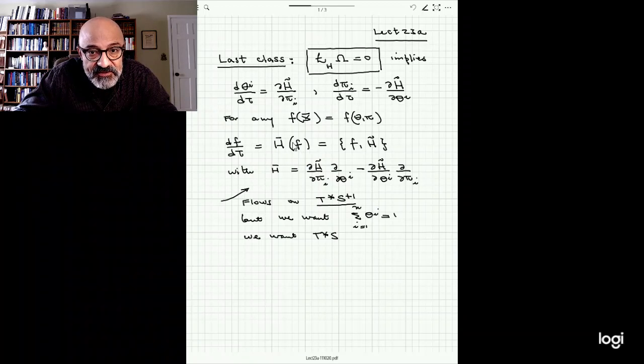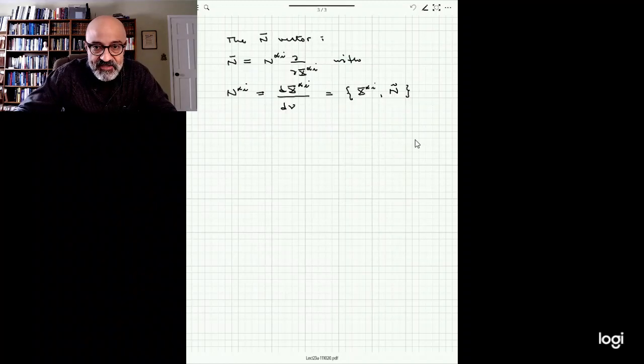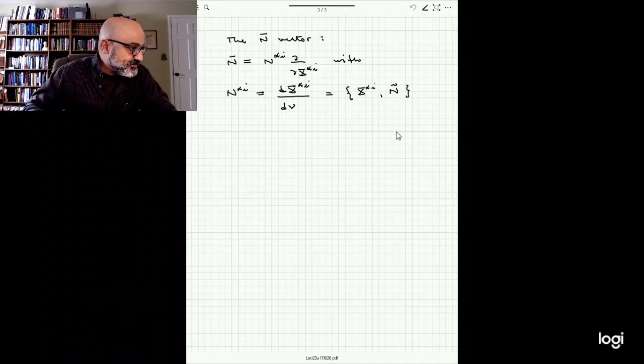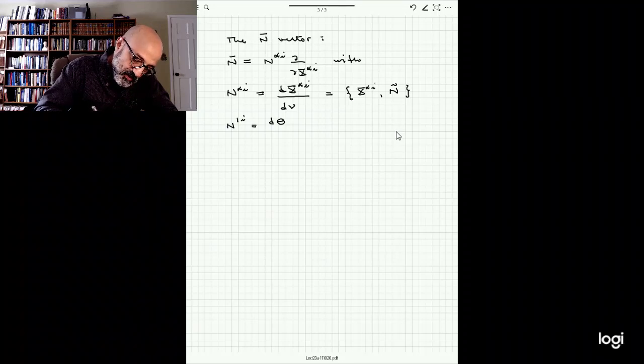You have a vector, d/d tau, the vector h. It's associated with the scalar function h tilde through the Poisson bracket. And this is true for any function f, in particular for the coordinates. But now we can go ahead and compute this guy here. So let's compute it. So when we have n, 1I, this is going to be d theta I d nu.